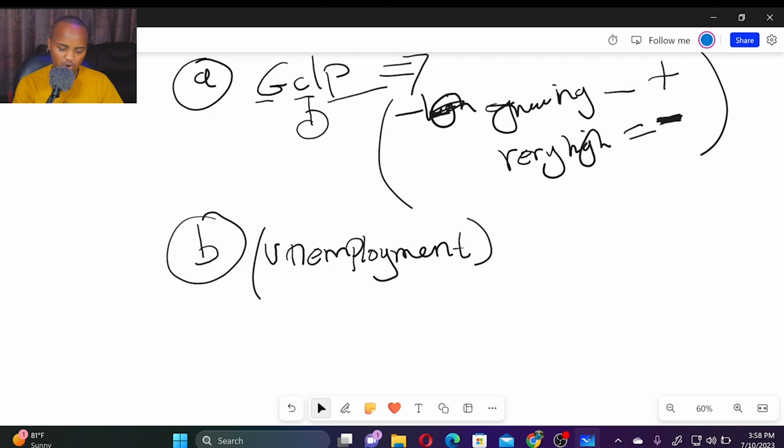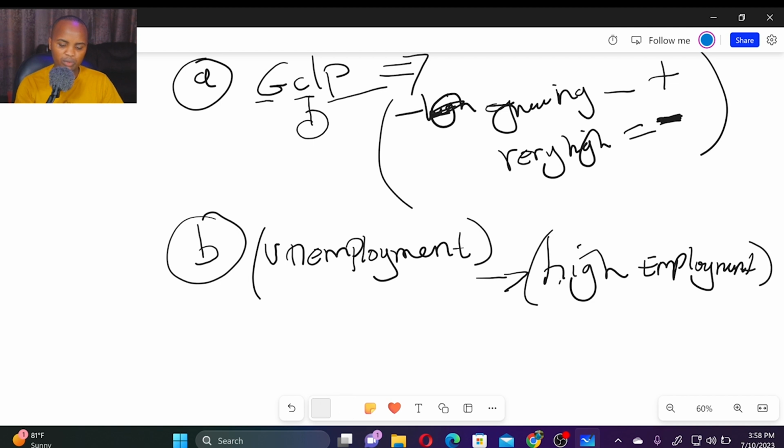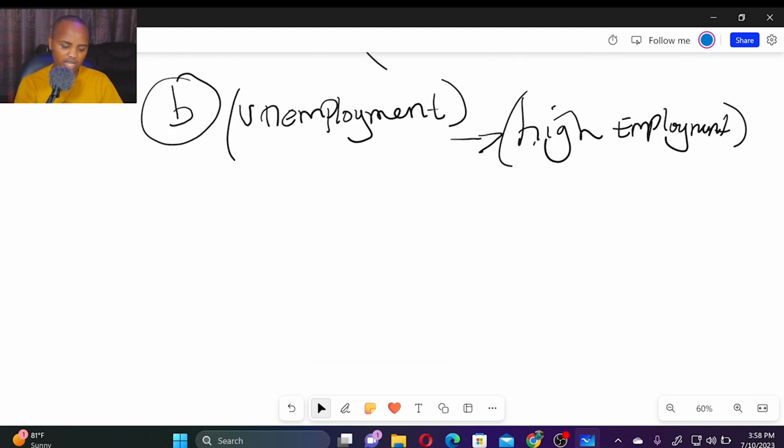And you always know that when there is high unemployment, people normally don't have money. And what does this cause? Let me draw something here, a circle.